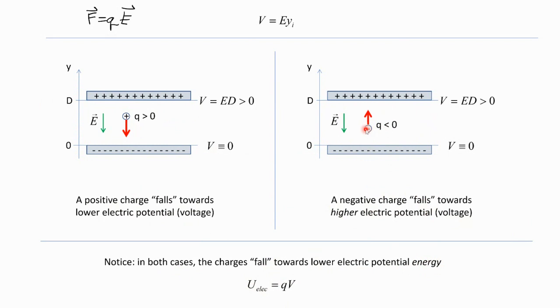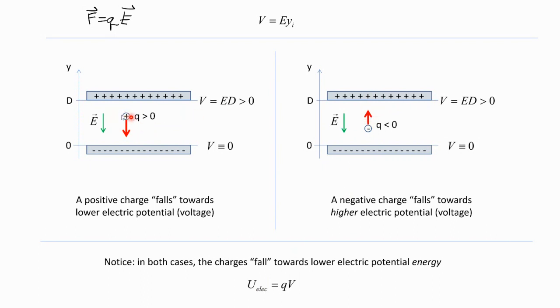In this case, the voltage at this location is positive, but the charge is negative. So you're starting out with a negative electric potential energy, and it's going to go towards increased voltage. But since the Q is negative, you're going to get even more negative for the electric potential energy. So this guy has negative electric potential energy, and as it falls, it's going to get even more negative.